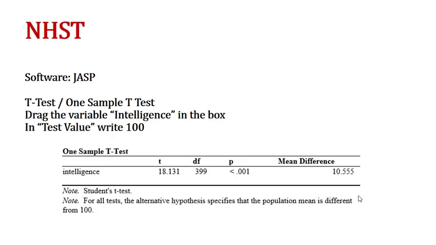We've got JASP to do that. Basically, what we have to do is a one sample t-test, and we are going to compare the value of the mean we obtain in our sample to some test value.